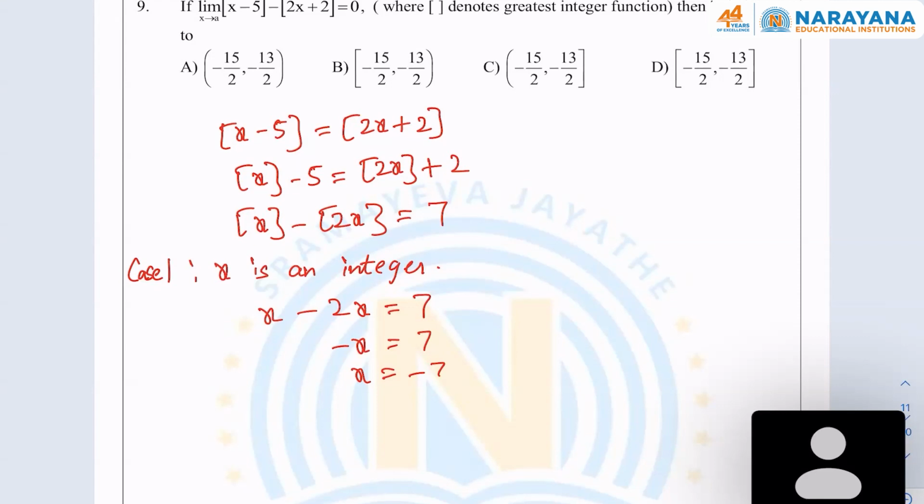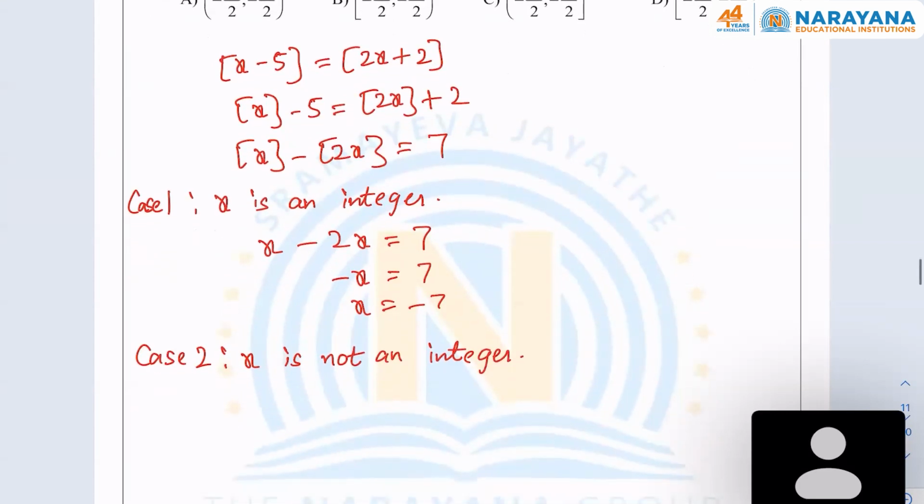Next one, when x is not an integer, in this case again we will get two cases. Suppose x is equal to I plus f, where I represents the integral part and f represents the fractional part.